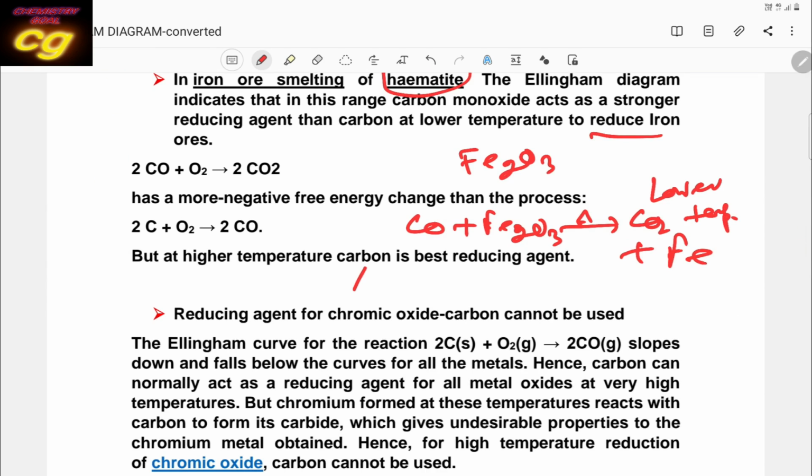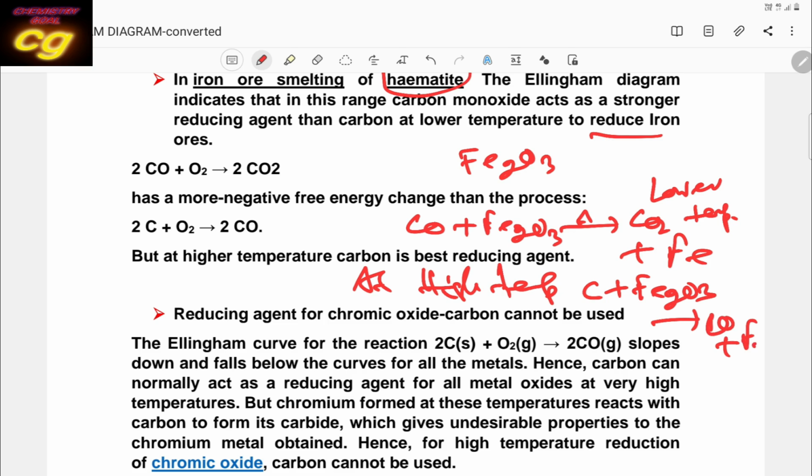At a high temperature, carbon is used as a reducing agent, forming carbon monoxide and iron. That means this reaction is possible at a higher temperature and the other reaction is possible at a lower temperature.